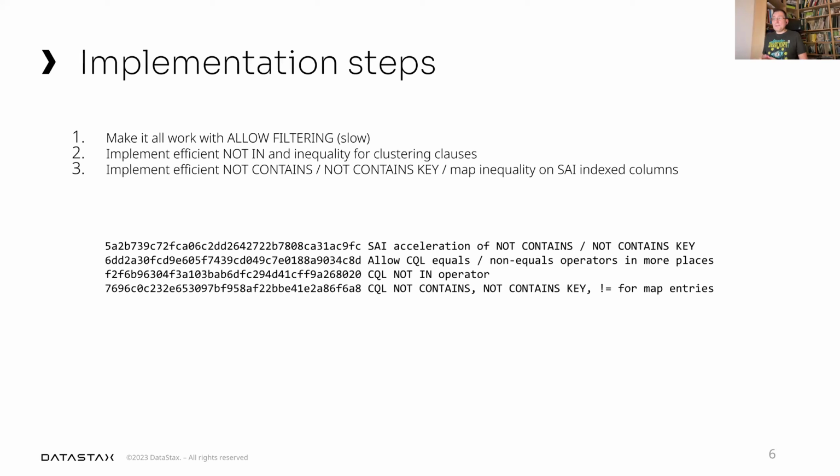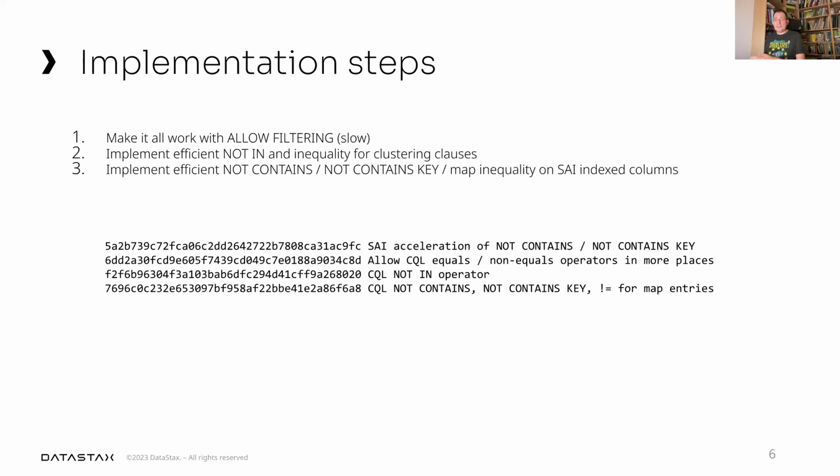Then the next step was to implement the not in operator on the clustering columns. It touched only the clusterings, which was a separate part of the Cassandra code, so it didn't overlap with the other features. And then the last step, after I had not contains working with allow filtering, was accelerating it with secondary indexes, which turned out to be the most complex one.